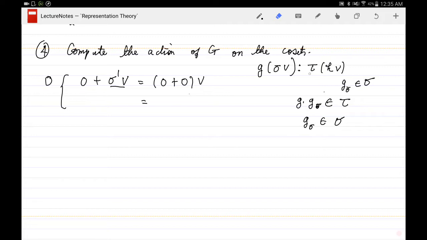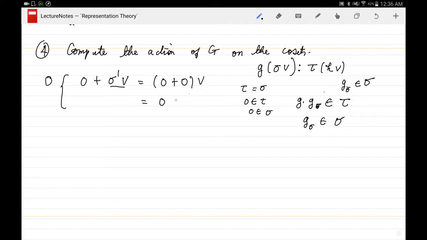And tau in this case is still the subgroup. So tau is equal to sigma, because 0 is an element of tau and 0 is an element of sigma. So in this case it's trivial.